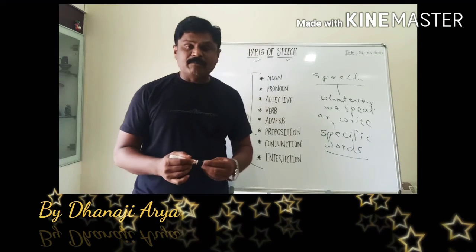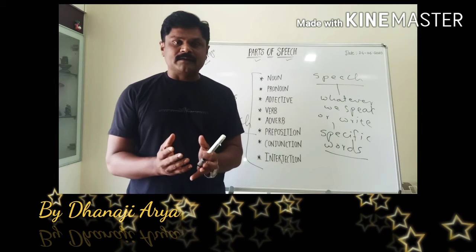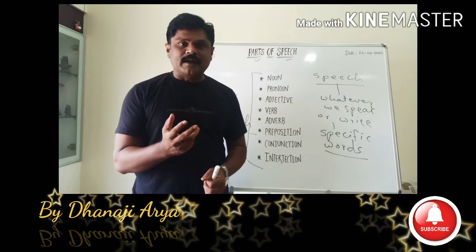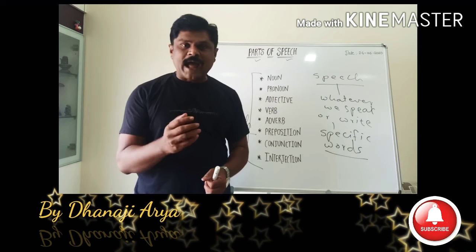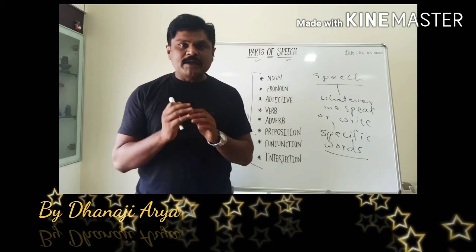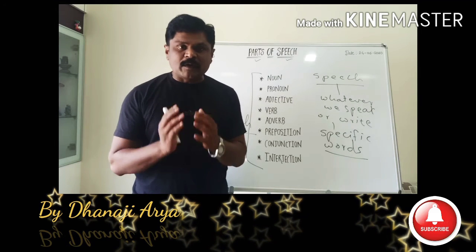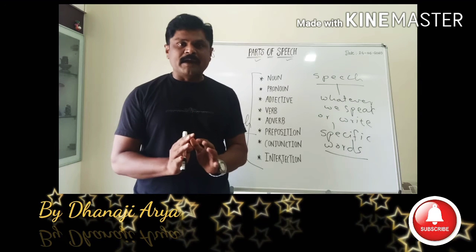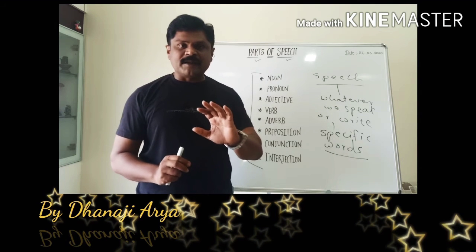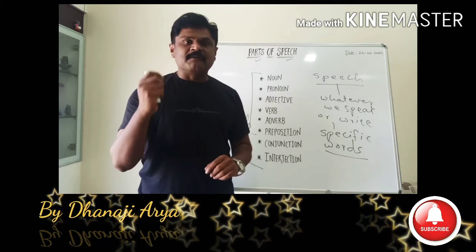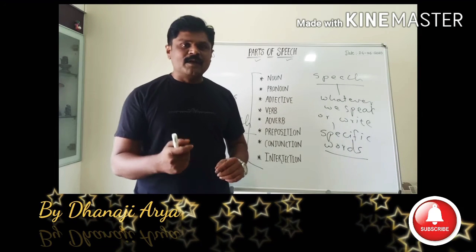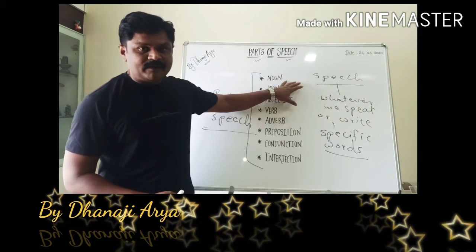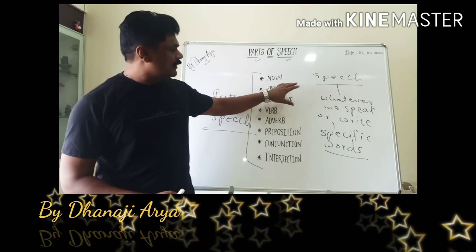When we speak or when we write, we require particular words. And those particular words have particular meaning. When you are going to express, when you are going to speak, at that moment you express by using different words. Sometimes we require names. These are called nouns.